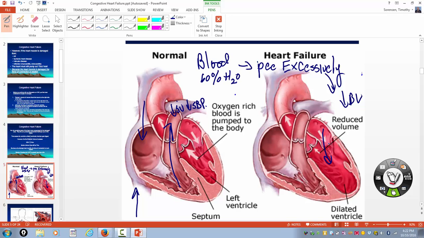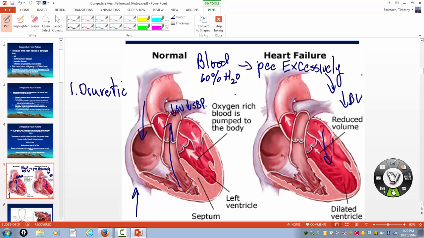So that it will actually contract a little better because you're not overstretching that heart, right? So less blood going back to the right heart, less blood in the left, the heart doesn't get overstretched, so it contracts better. So one of the drugs that all patients with congestive heart failure are on is some form of diuretic.